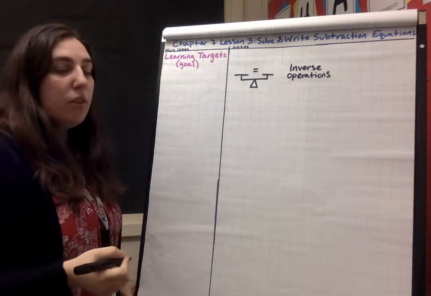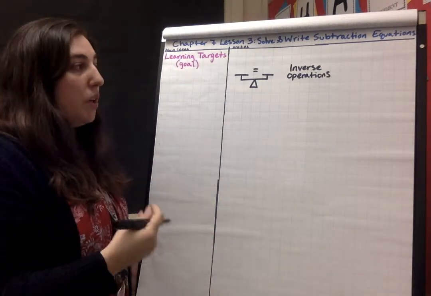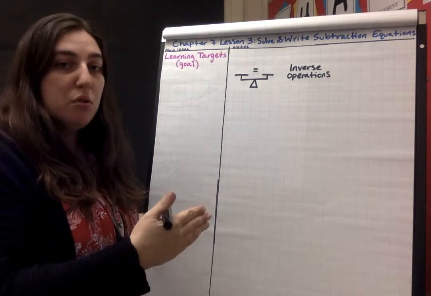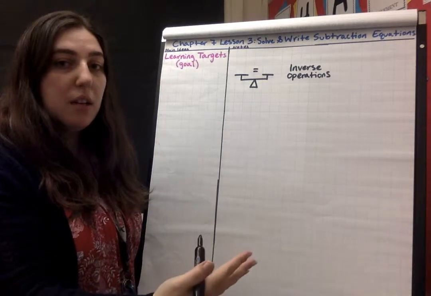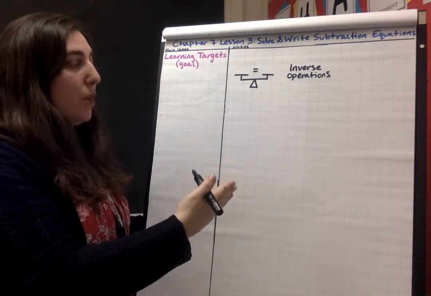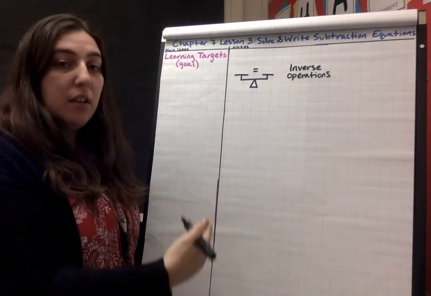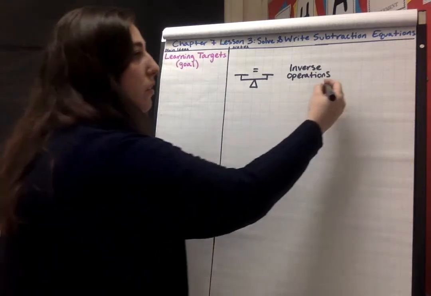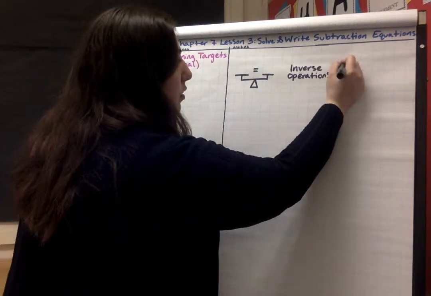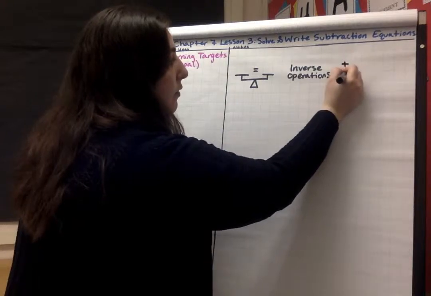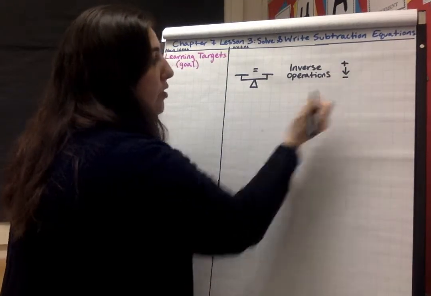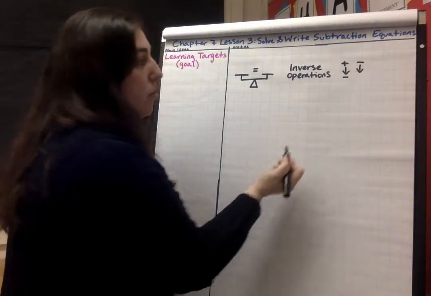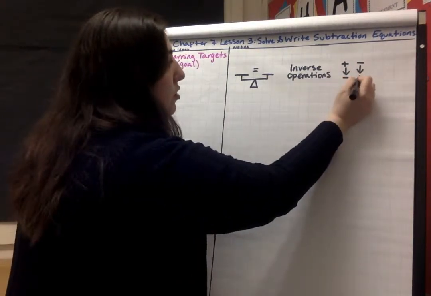Okay, so with inverse operations, we learned that an inverse operation usually undoes something, right? So like if we are adding, the inverse for addition is subtraction. Okay, so let's write those down here. So if we're adding, the inverse to addition is subtraction. If we are subtracting, the inverse to subtraction is addition.